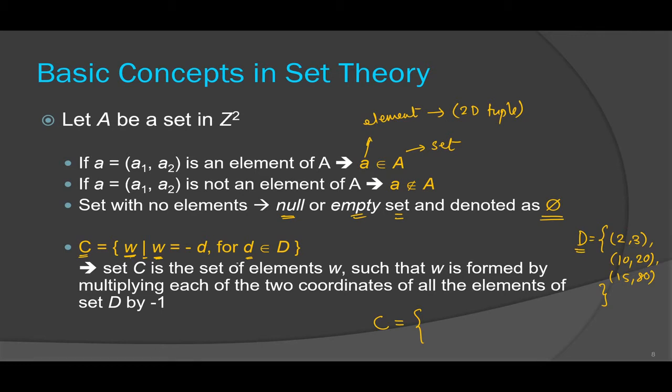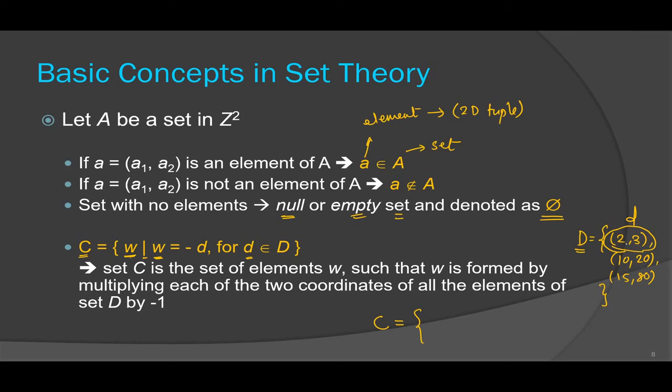So I'll be multiplying each element, small d, in this capital D. Small d is a tuple with two elements, two coordinates.